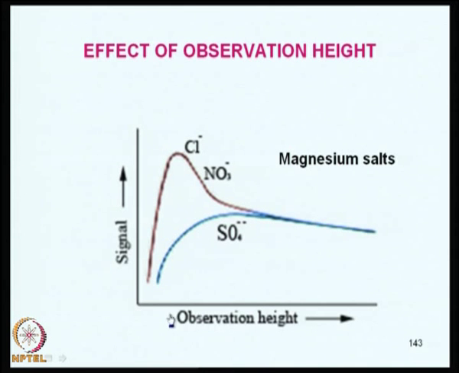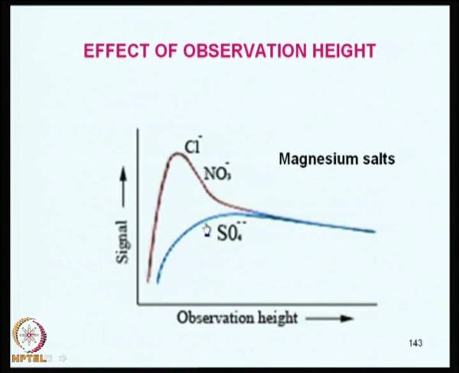Here you can see that this is the observation height and this is the signal. When the observation height is very small, the signal is also small. That means, if you allow the optical radiation to pass at this height, then the signal is very small.